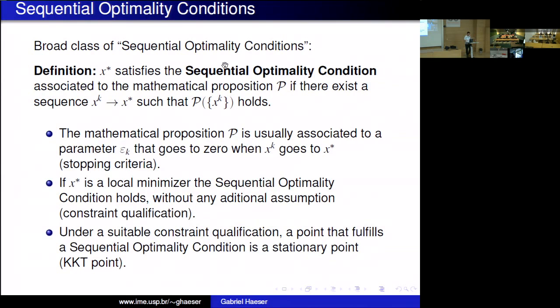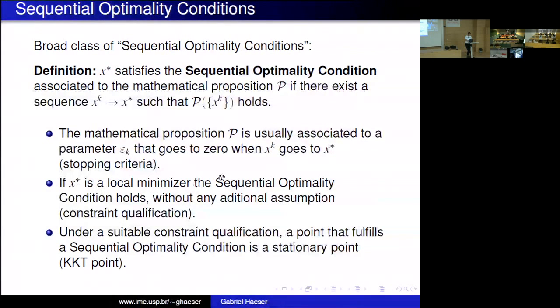For the approximate KKT sequence, the property is the existence of this other sequence with these other properties. And usually this proposition P is associated to a parameter epsilon k that goes to 0 when xk goes to x star. This usually gives you stopping criteria for algorithms.